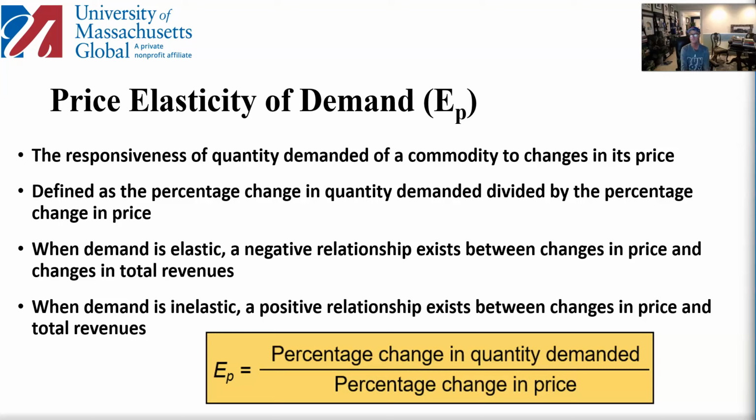Coffee can be both inelastic and elastic depending on the circumstance. If it's a short-term increase in the price of coffee, people may pay it knowing that in 2 or 3 weeks it'll go back down. But if they see a long-term trend where the price is doubling or tripling and it does not look like it's going to fall, then it may become what we would think is more elastic.